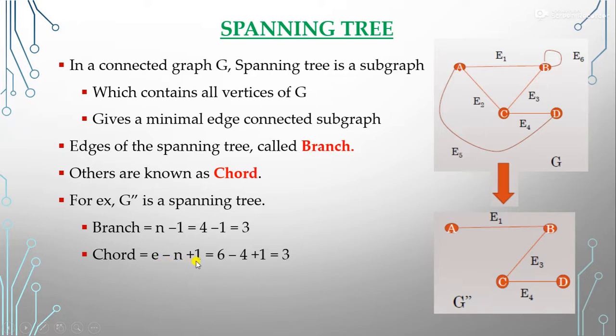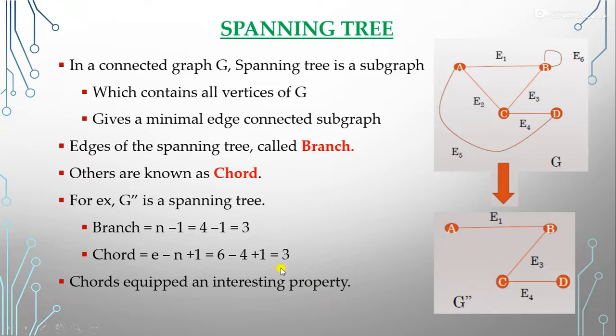E minus n plus 1, as I told you earlier. Here E is the number of edges of the given graph, that is 6, and vertices are 4, plus 1, so it will give 3. It means that the branches and chords of the spanning tree are 3 and 3.